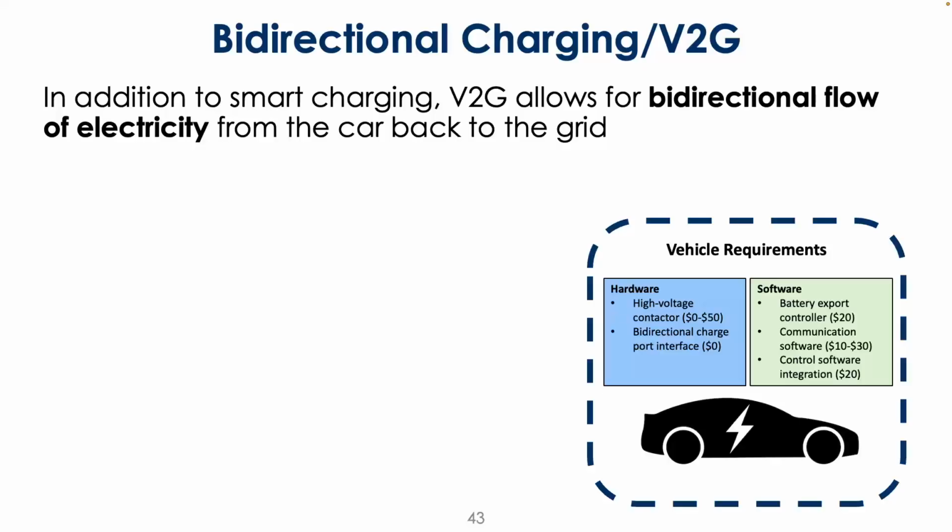And so there's actually a converter in the car already, right? Because the battery going to the motor has a converter to go from DC to AC. So most of the hardware is there, and you need some additional hardware requirements. But actually most of it is going to be on the software side, where you need some kind of controller.